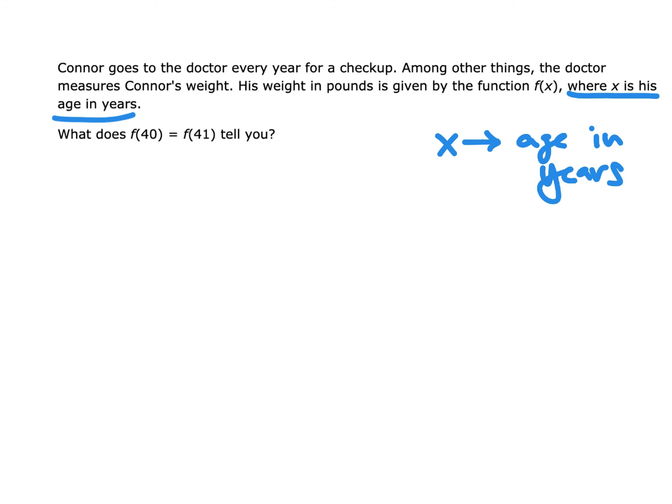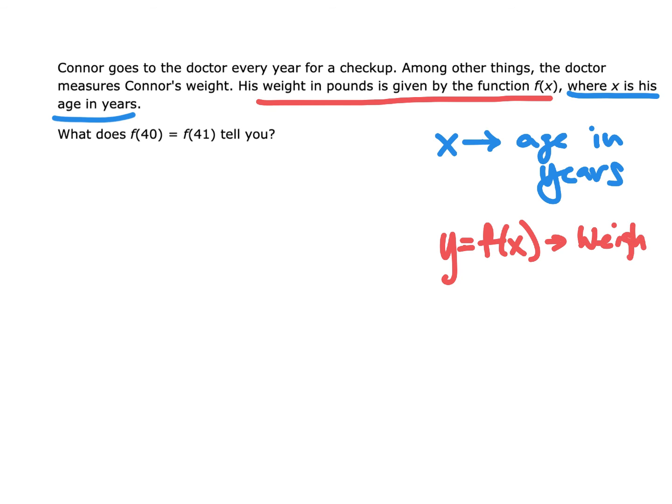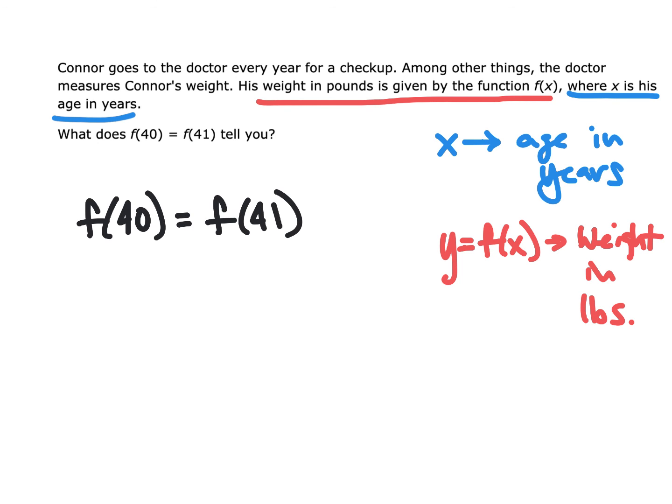All right, and y, let's have that, which is also equal to f of x, okay? His weight in pounds is given by the function f of x. So this is weight in pounds, okay?